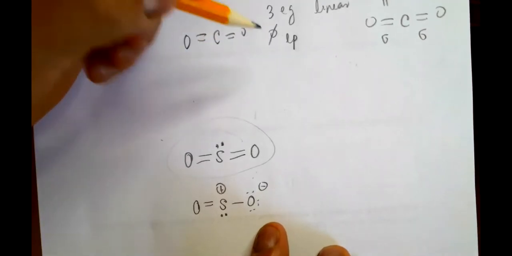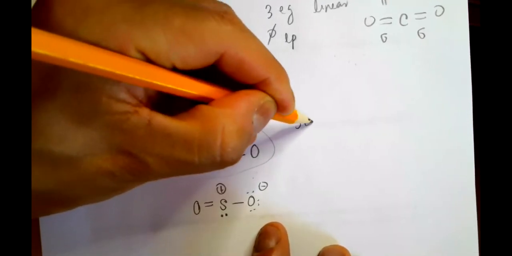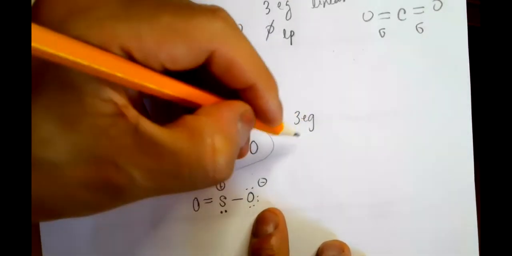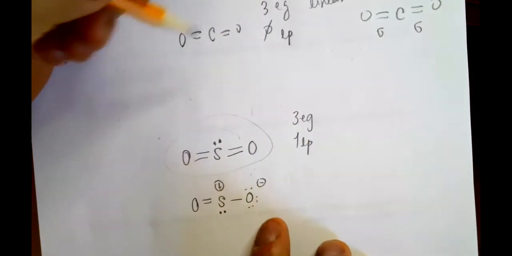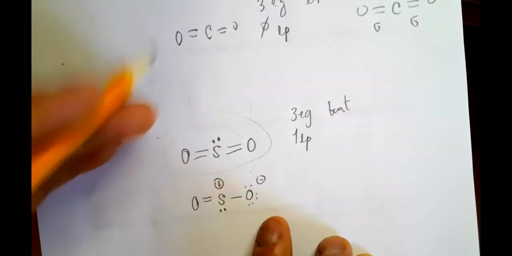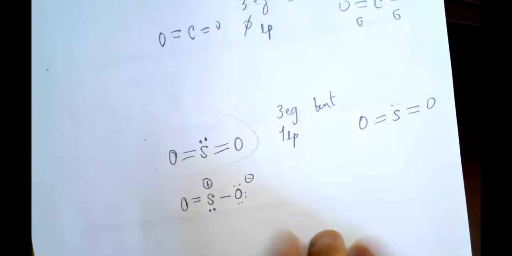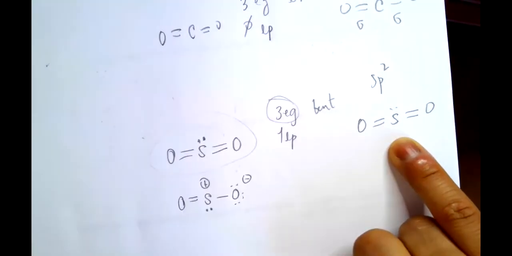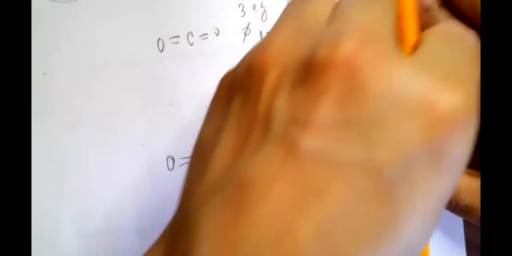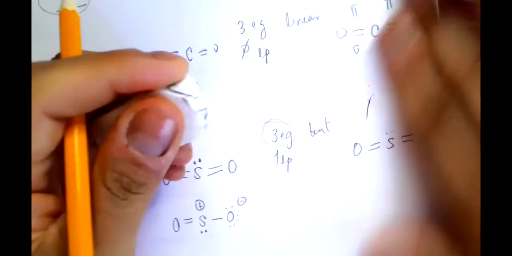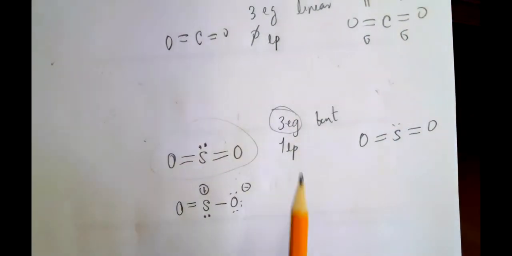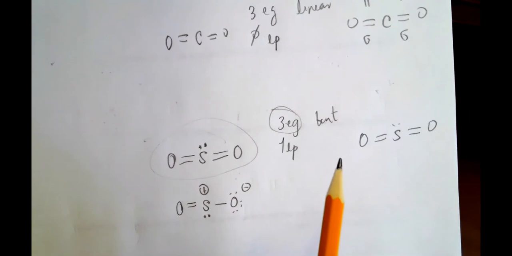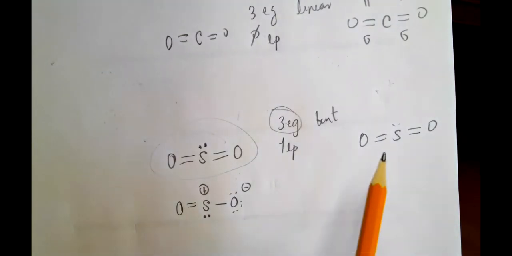So 3 electron groups and 1 lone pair, that should be bent. 3 electron groups means it's sp2 hybridization. Well, in this case, it's different, because here sulfur expands the octet.